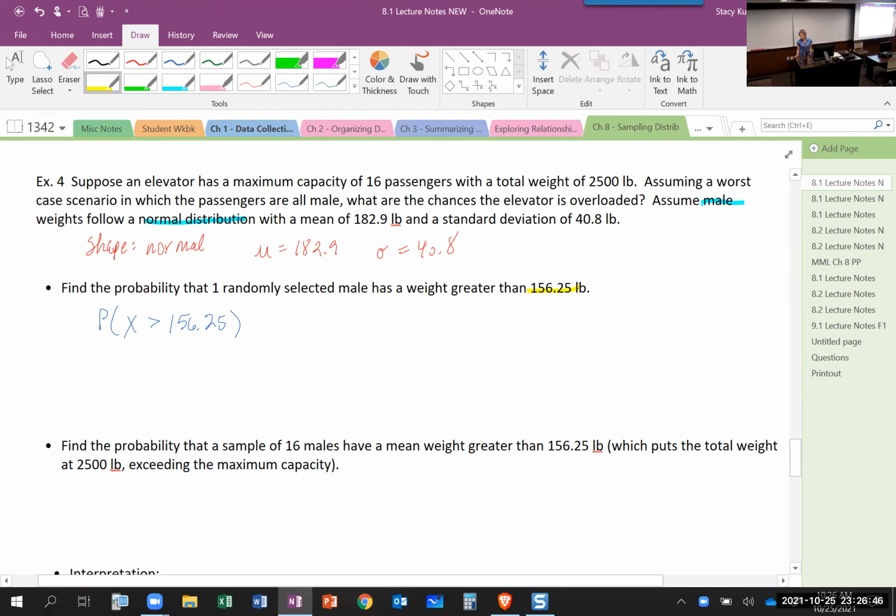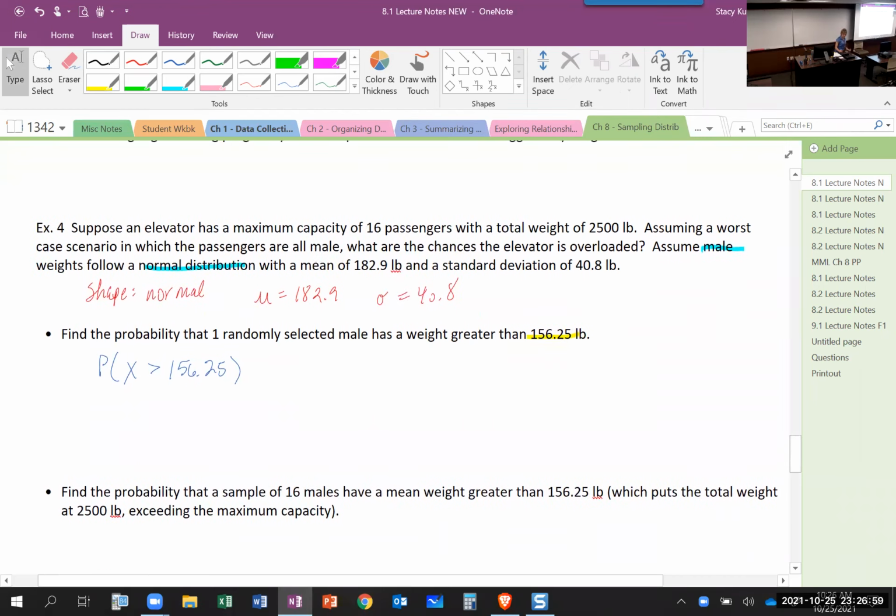Anybody have an idea where 156.25 came from? 2,500 divided by 16. Right, okay, so it wasn't just completely random. What this is saying is 2,500 pounds divided by 16 passengers means that each passenger would be 156.25. That's where that number came from.